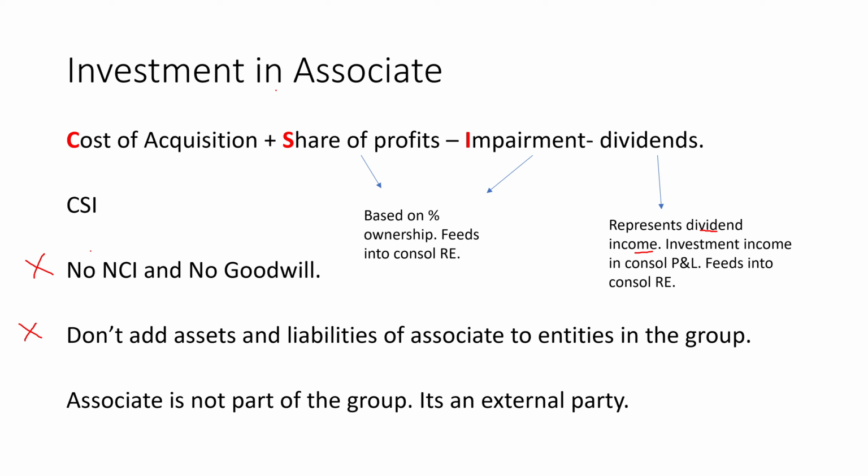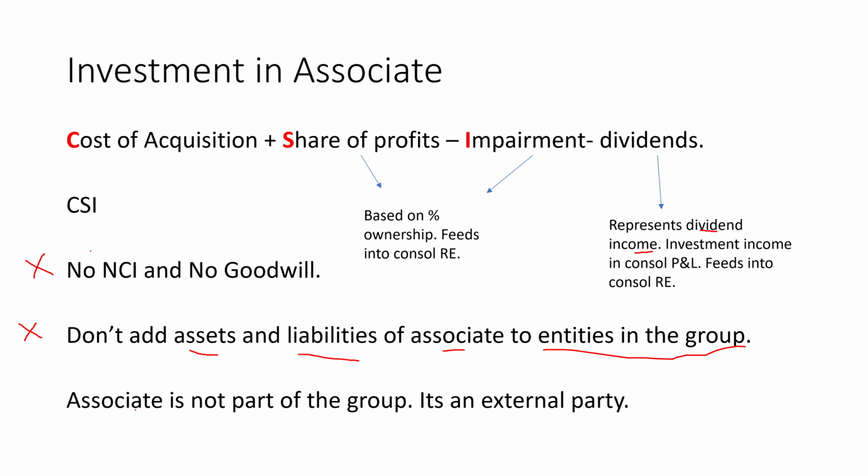There's only one line to represent that investment in associate. So we don't add assets and liabilities of the associate to entities in the group, so there's less work. There's no NCI and no goodwill. Please remember these don'ts. I used to make these mistakes when I was tired.